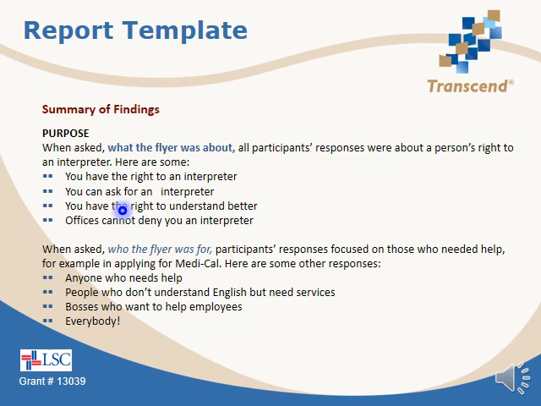In the mind of the participants, it was about an interpreter, that you have the right to an interpreter, you can ask for an interpreter, you have the right to be able to understand better, and that the offices can't deny you an interpreter. So we can feel confident that the interpreter part of our objective was reached here.